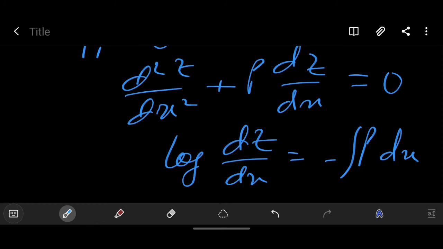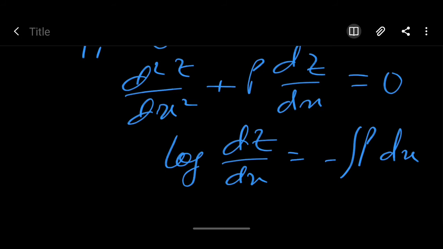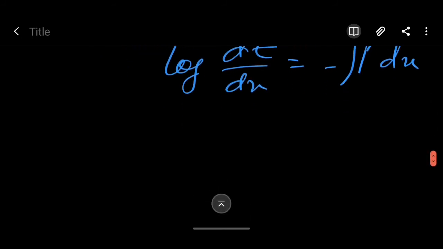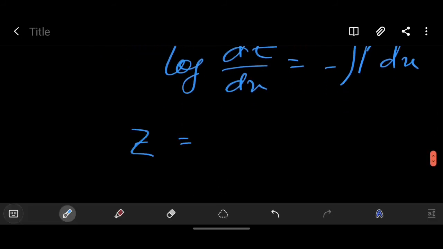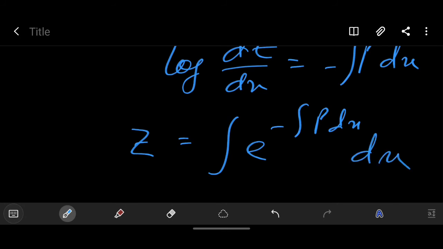So if this is the case, then we can find z such that z is equal to the integral of exponential of minus the integral of p dx, the whole thing dx. So if we find this integration, then we have the value of z.